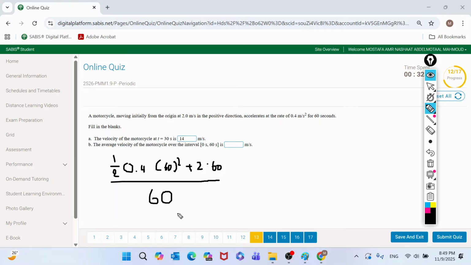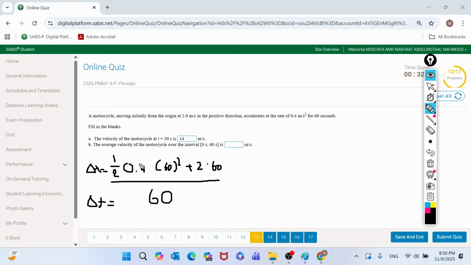Okay, so let's see. This is the change in time. Delta x, and delta t, because you do 60 minus 0. So let me just put it on my calculator. 1 over 2 times 0.4 times 60 squared plus 2 times 60, over 60.